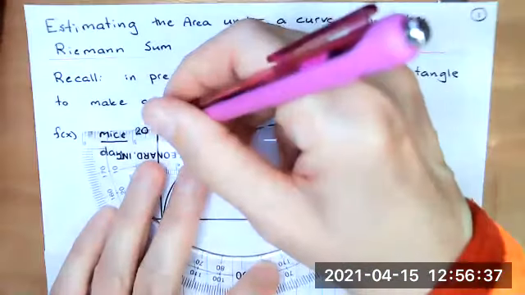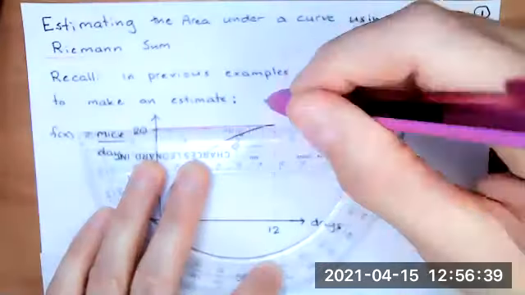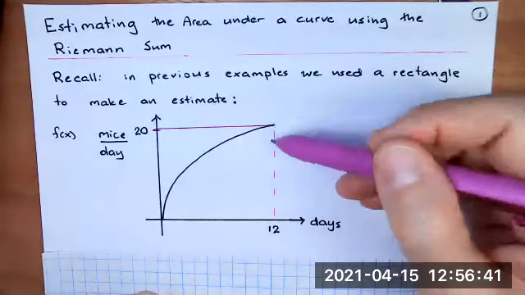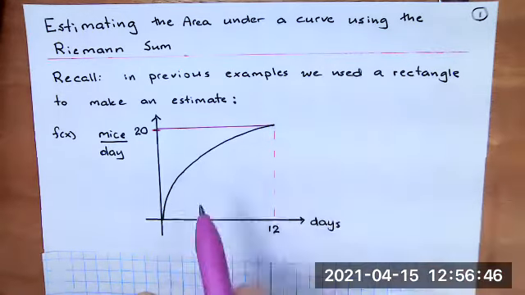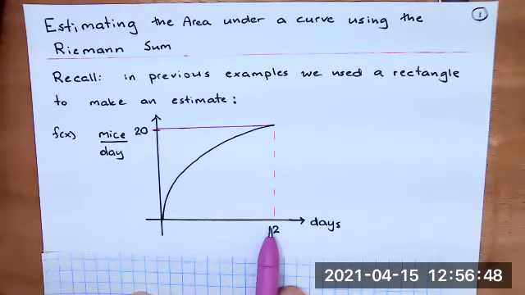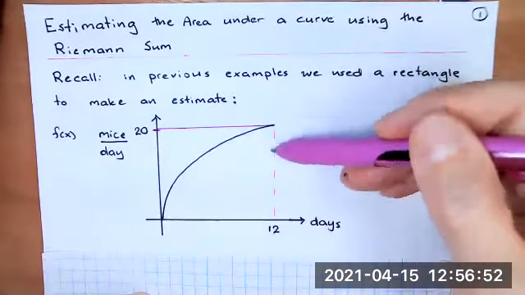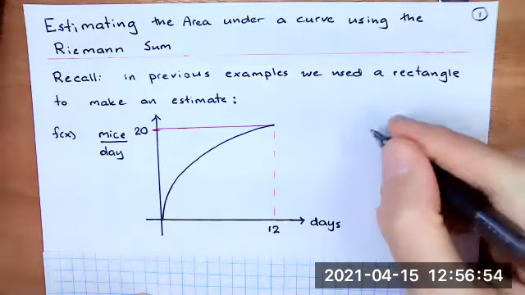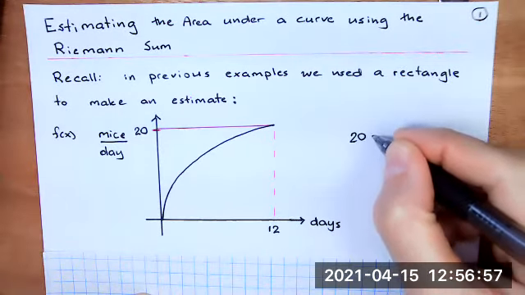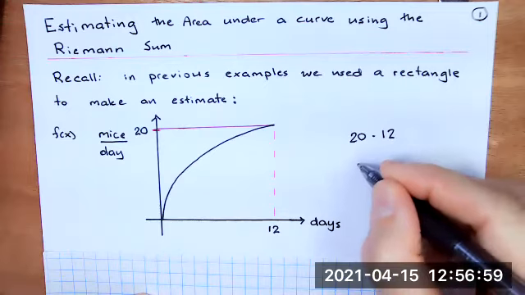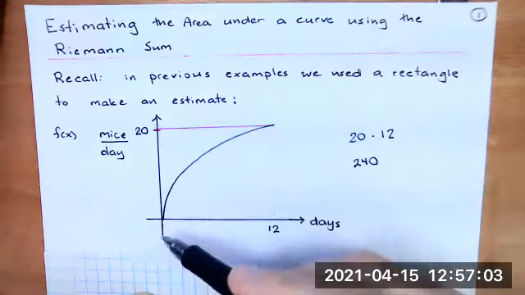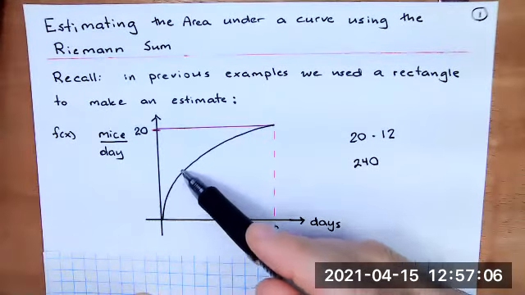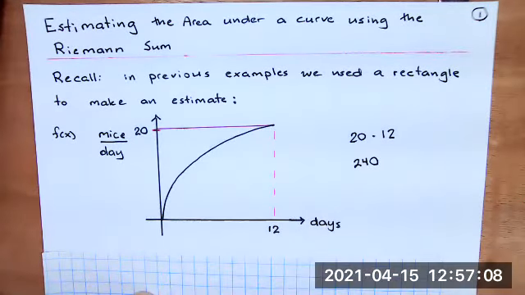So the height of this rectangle is 20 mice per day. That's this height. And the width of the rectangle is 12 days. So this entire rectangle is 20 times 12, or 240. But we want to estimate the part of the rectangle that's under the curve.